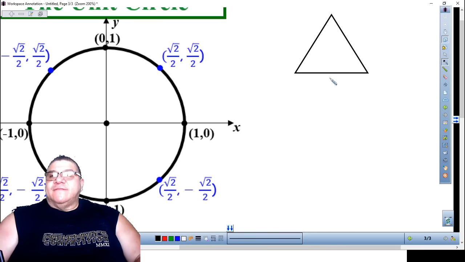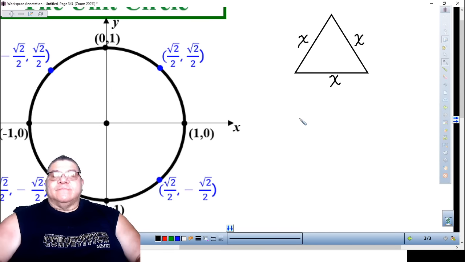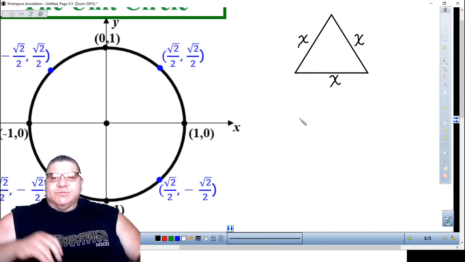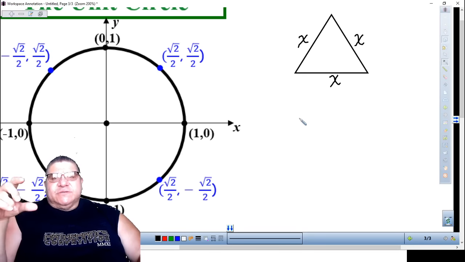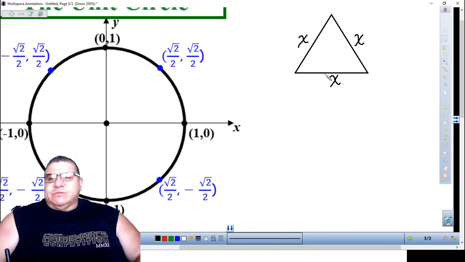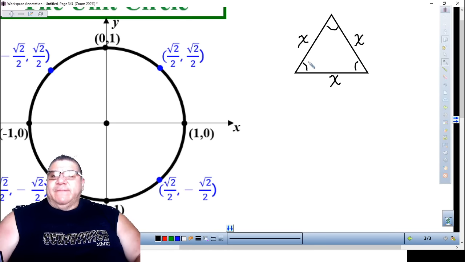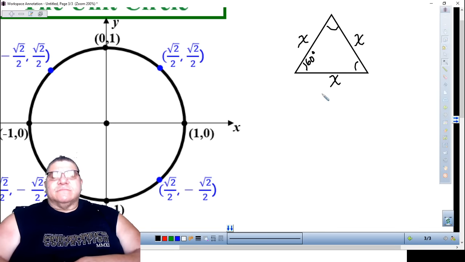So what does that mean? That this side measures the same as this side, measures the same as this side. Now what do we know about triangles? That inside of the triangle it measures 180 degrees. So if these measure the same, that means that this angle measures the same as this angle, measures the same as this angle. Which means 180 divided by 3, that means all of these angles are 60 degrees.